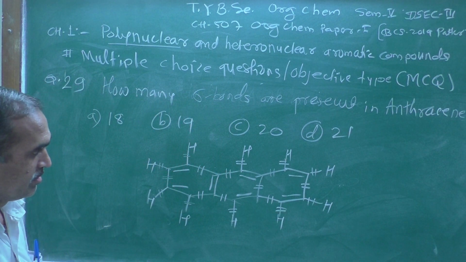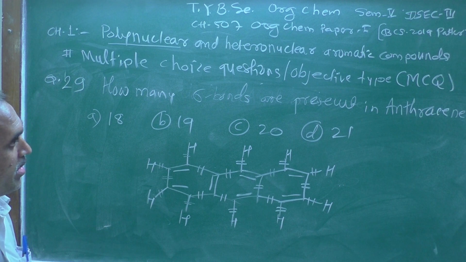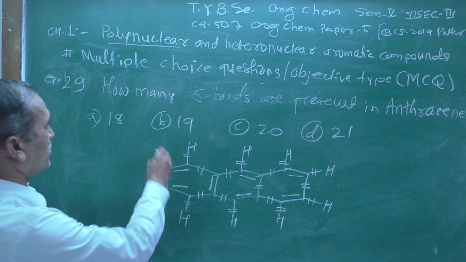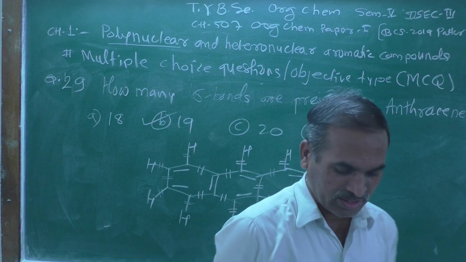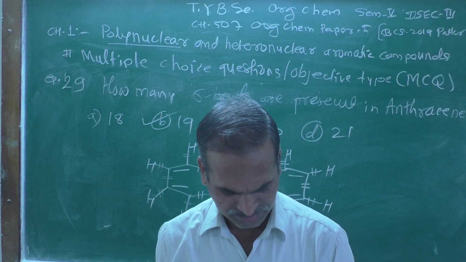Look at, there are 19 sigma bonds present in anthracene. So you can mark it. B is the correct answer for this.